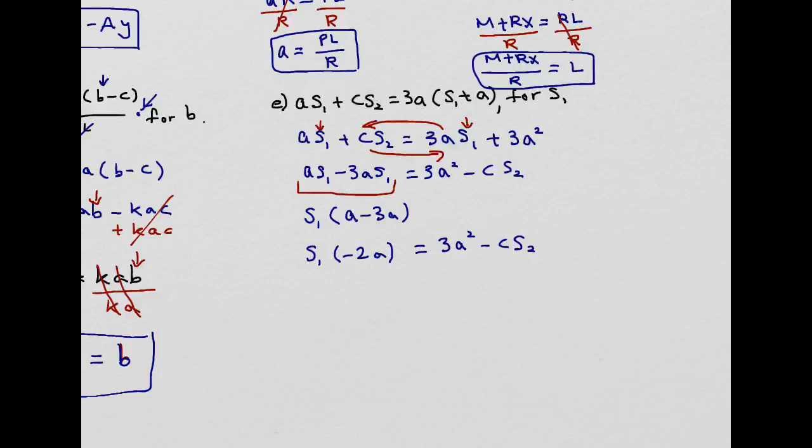Now if I want to isolate s1 by itself, this is multiplication, so you divide by negative 2a. It means you divide the other side of the equation by negative 2a also. They cancel out, and you have S1 equals 3a squared minus cs2 over negative 2a.